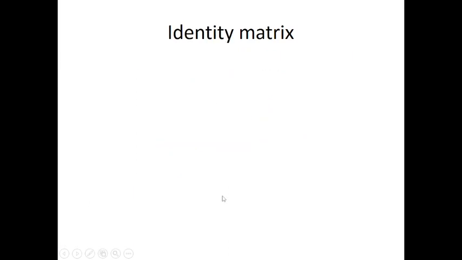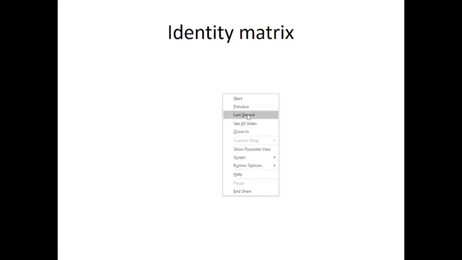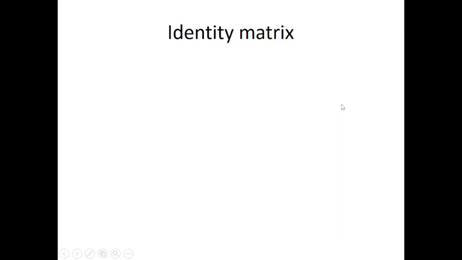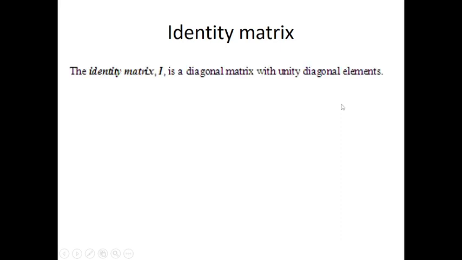Then we have the identity matrix. Oh, by the way, take note that this can be any number. They can have any values. What is an identity matrix? An identity matrix I is a diagonal matrix with unity diagonal elements.